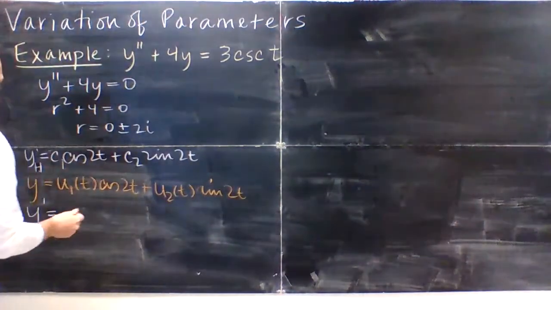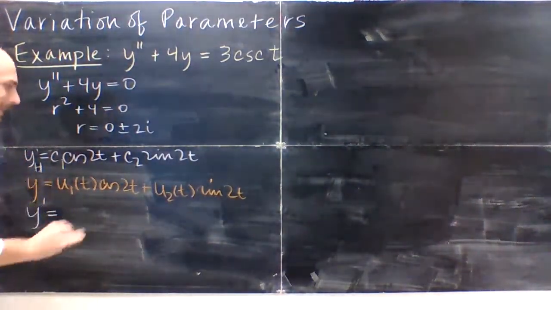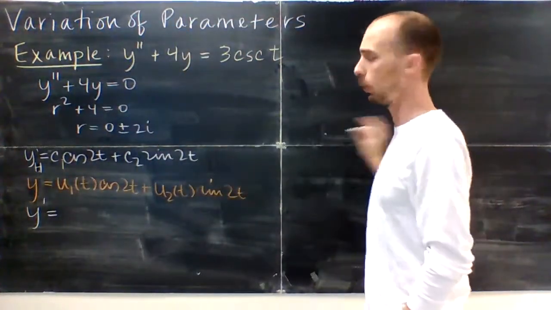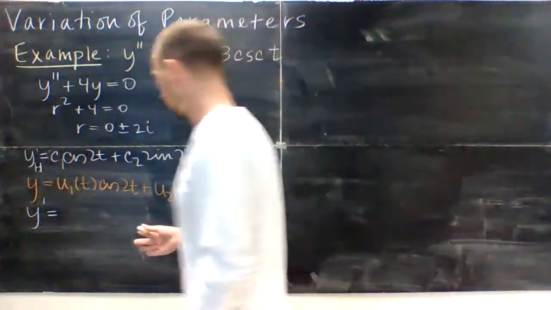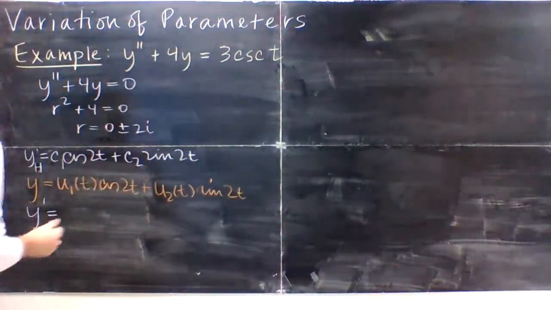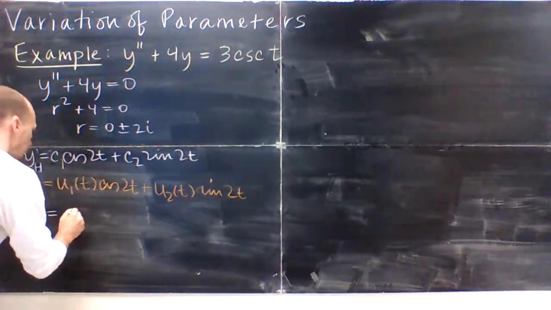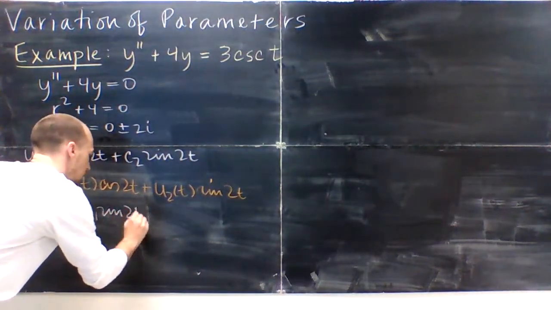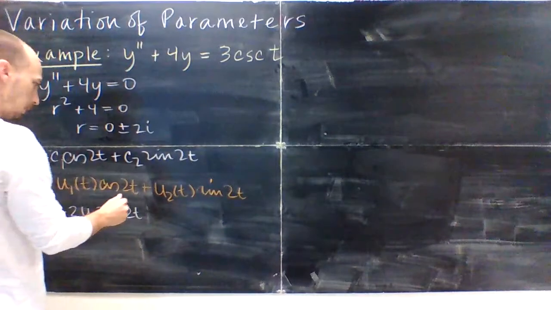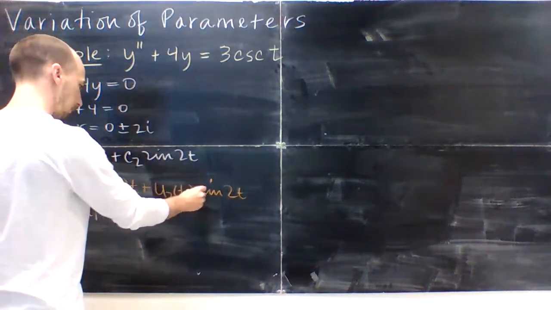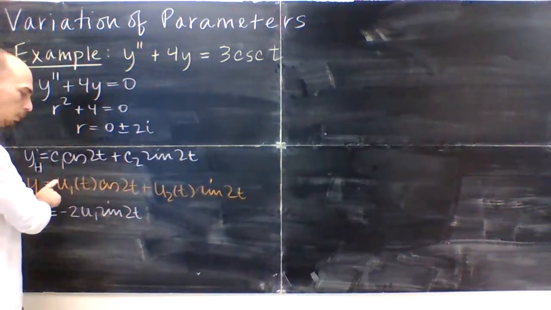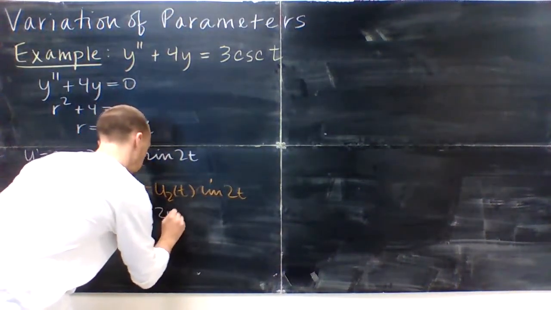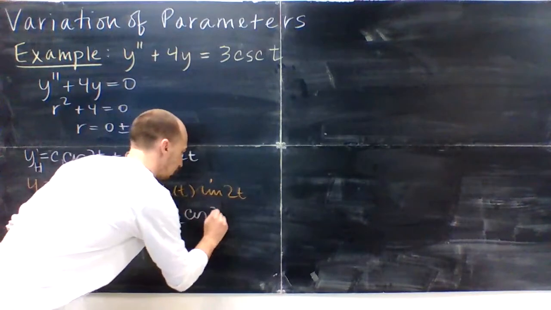Okay? So y prime is going to be, and I'm going to stop calling it u1 and u2 of t because it's just going to get way too noisy. So I'm going to be calling it negative 2u1 sine 2t plus, and I know there's product rule, I'm going to deal with u1 prime at the back, plus 2u2 cosine of 2t.